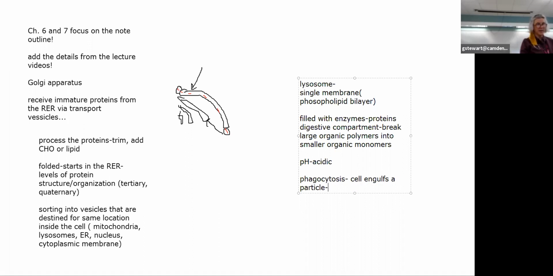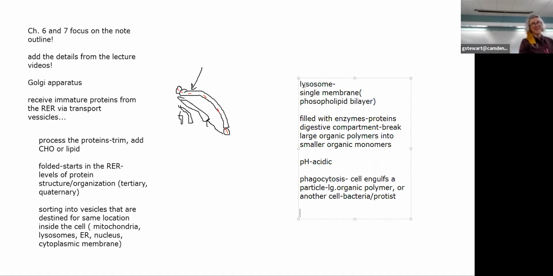So either a large, let's say a large organic polymer, or another cell, meaning usually an invading type of cell, like a bacteria, a prokaryote, or a protist even, right?